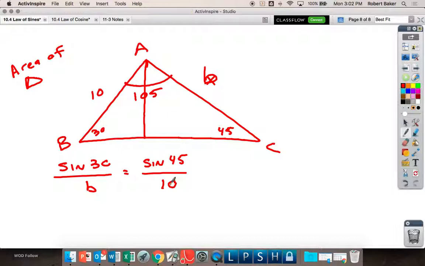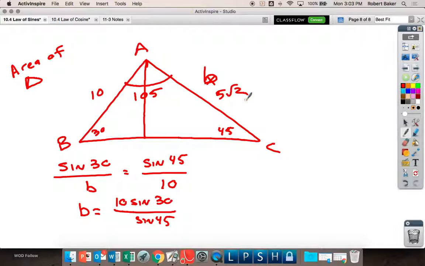And you could cross multiply and you get b equals 10 sine 30 over sine 45. If you do all that math, you should get 5 square root of 2 right here.